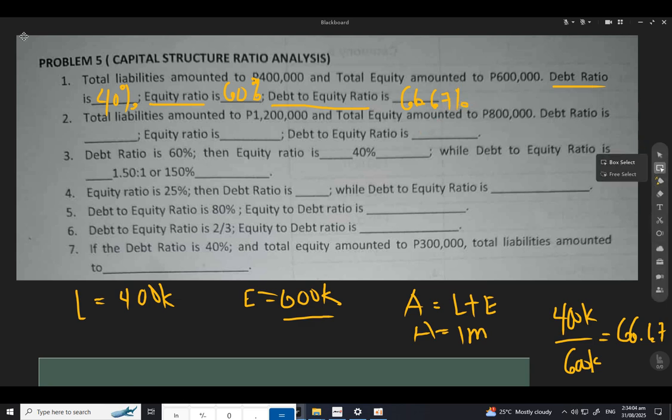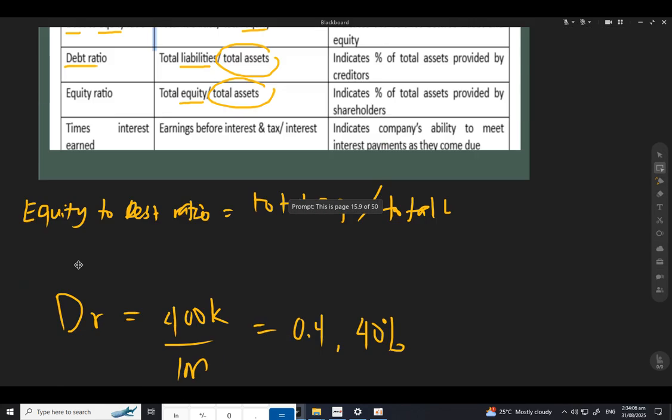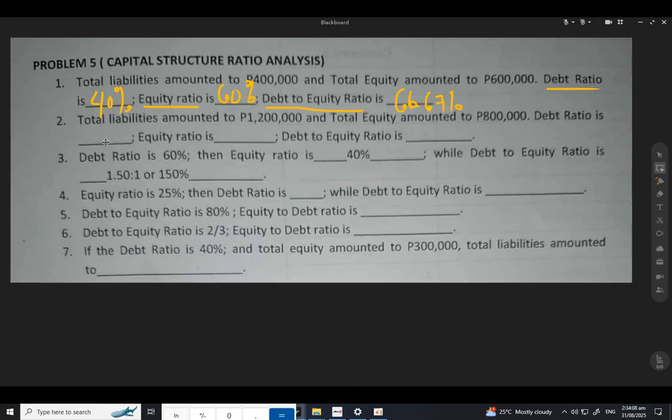Let me move this up to make it easier. Total liabilities amounted to 1.2 million and total equity amounted to 800,000. The debt ratio is total liabilities, and for a ratio without "to", we divide by total assets.